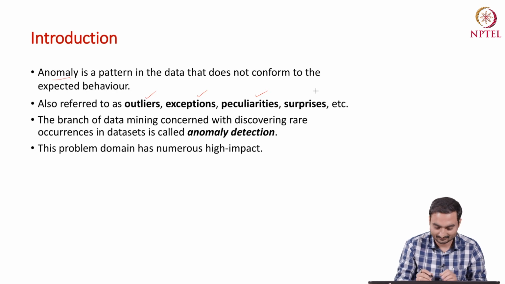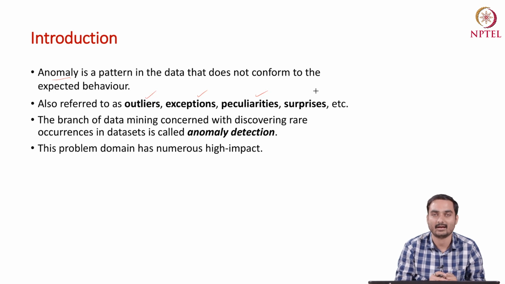So the problem of anomaly detection has numerous high impact applications. For example, in the case of fraud detection or fake news detection. Even if the amount of fake news spread every day is much lesser compared to the real news, the impact that this fake news makes on society in general is huge.